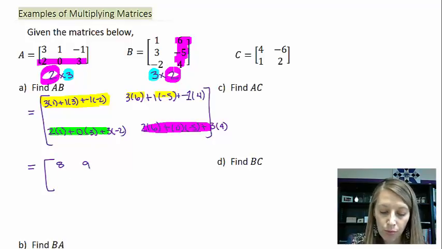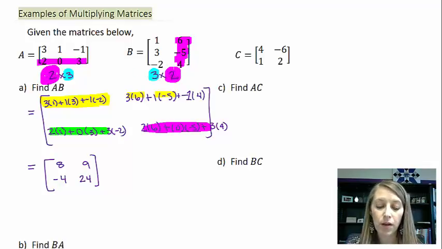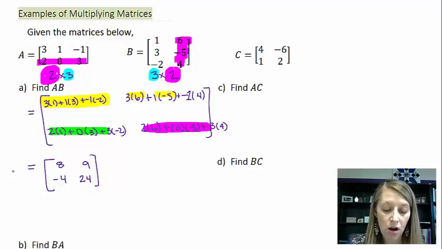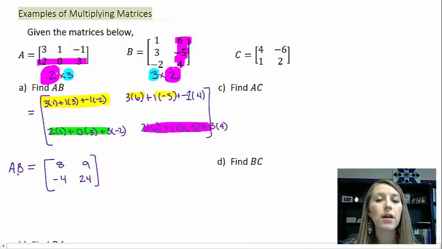Here, 2 plus 0 minus 6 gives me negative 4. And 12 plus 0 plus 12 gives me 24. And notice I ended up with a 2 by 2 matrix. So we have just done our first example of matrix multiplication. We found the product of A times B.